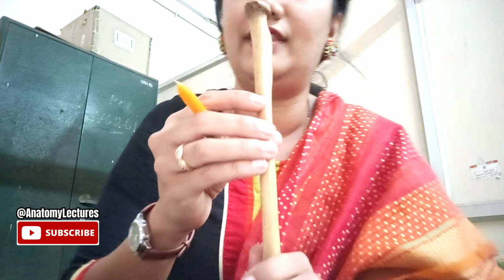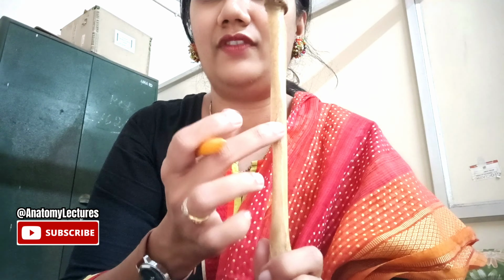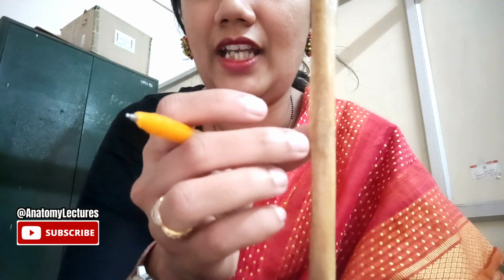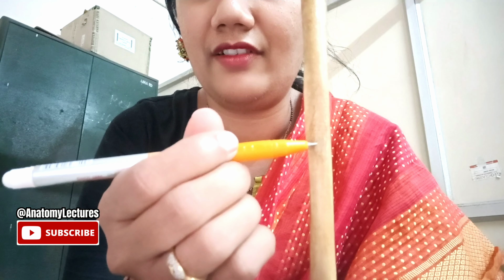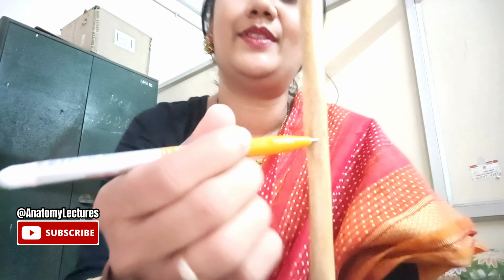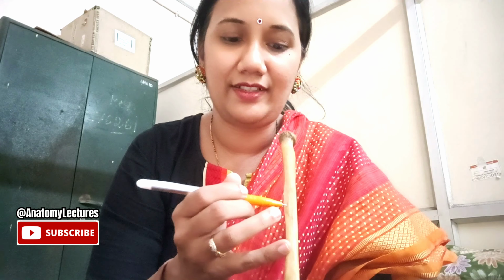Next, the lateral surface. So this is the lateral surface. Okay. So in the middle of the lateral surface, you are able to make out one rough area. This is the rough area. So this rough area will receive the insertion of pronator teres muscle of the forearm.